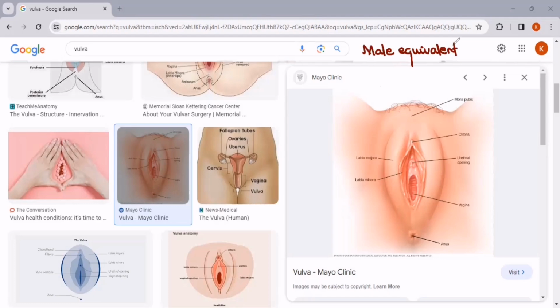If it's necessary, I'll tell you, but I'm just hitting on relevant questions. If you are asked what is the male equivalent of the labia majora, all of you have seen the male genital organ before, the external genitalia, right? Even if you've not seen it physically, you've seen it in books.